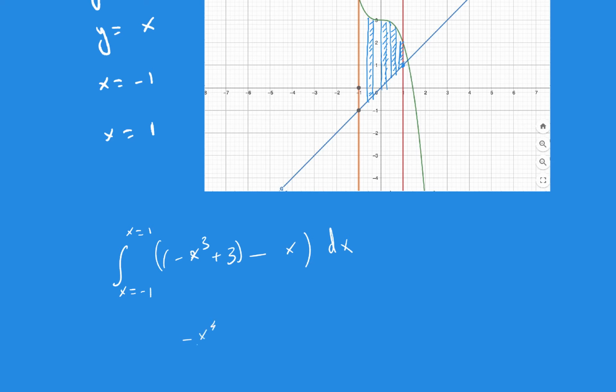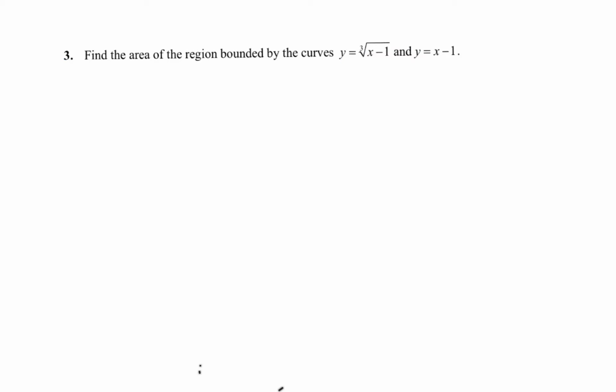Minus x⁴ divided by 4 plus 3x minus x squared divided by 2, evaluated between x equals minus 1 and x equals 1. I don't want to do this evaluation. I want you to do it because you will practice. Okay, you do it.